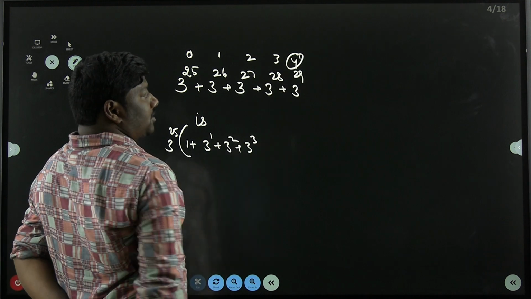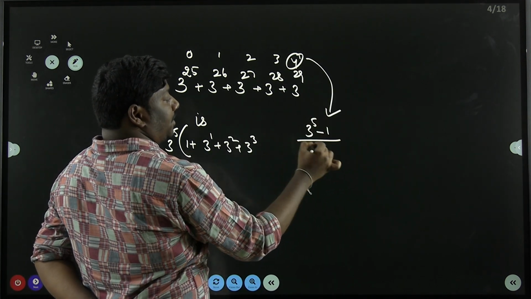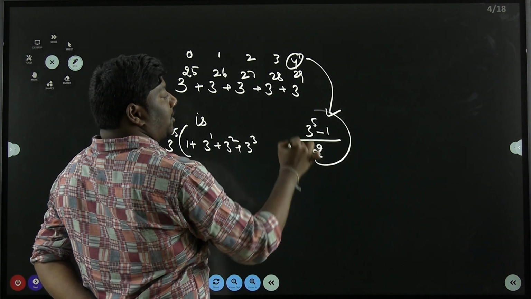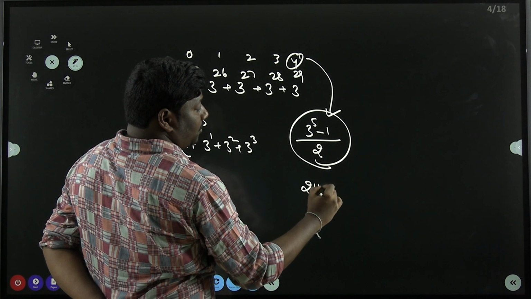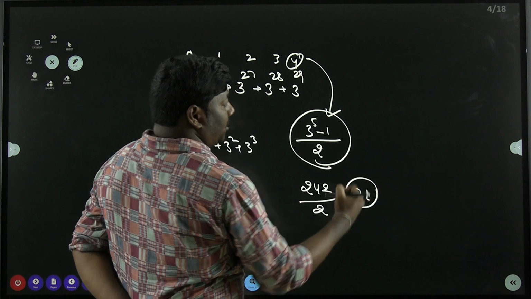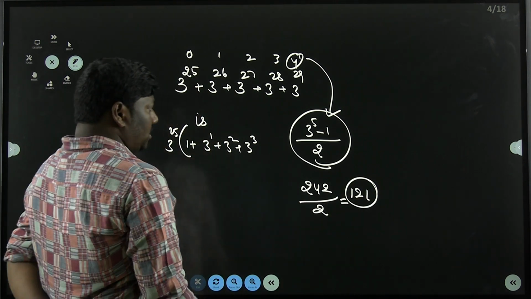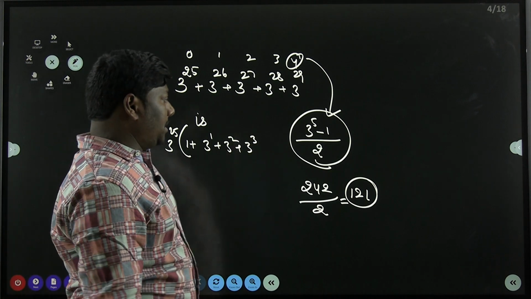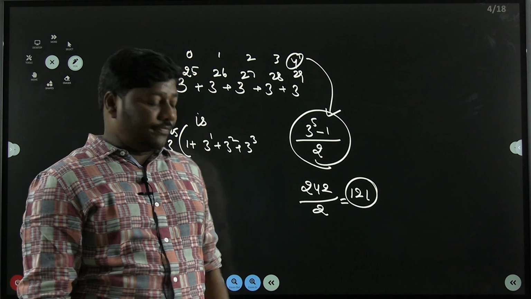The moment you look at this, directly come to 3 power 5 minus 1 by 3 minus 1. You know that 3 power 5 is 243, so you get 242 by 2, which is 121. It is divisible by 11. In the same manner, keep the values of the powers of 4, 5, 6. They may ask you a similar question in the next shifts.